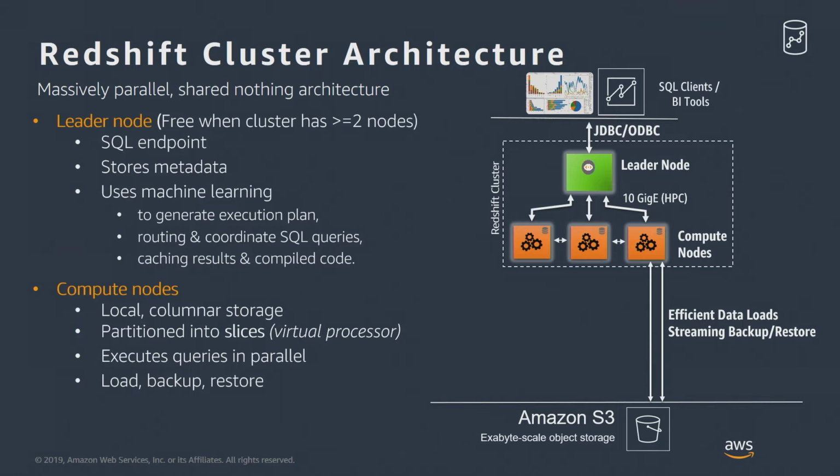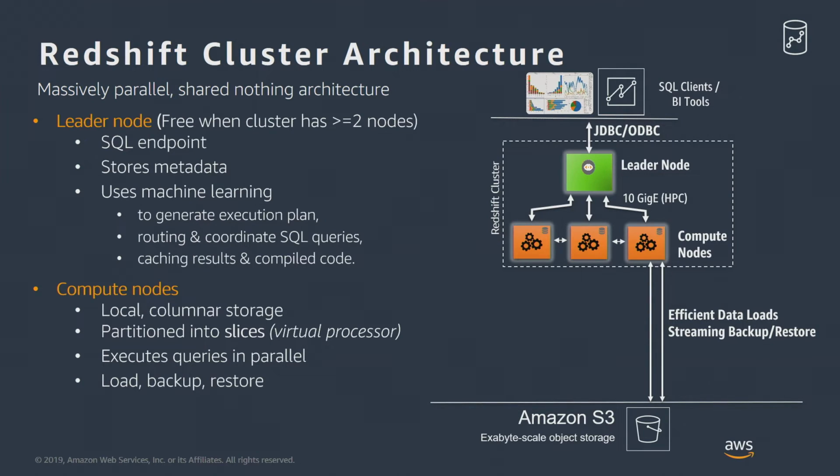So the leader node has got the metadata catalog. It's got your SQL query. It understands how to generate a query execution plan appropriate for each node in the cluster. It generates that executable, pushes it down to the compute nodes, and that code runs locally on the compute nodes. So let's take an example. We've got a 26-node cluster, and we've got our data spread out alphabetically, A through Z, across that back end.